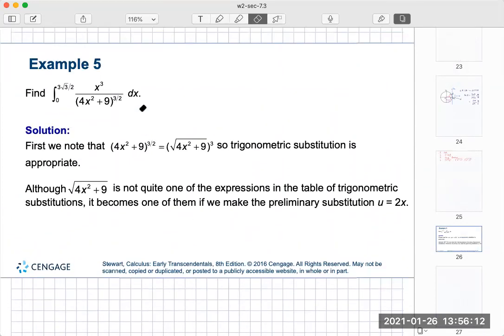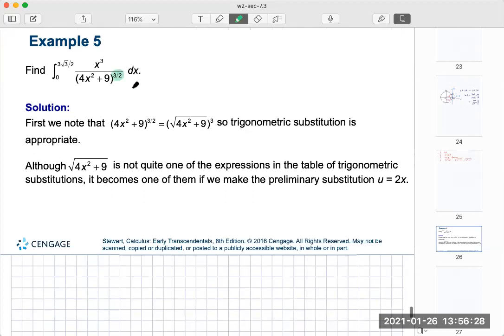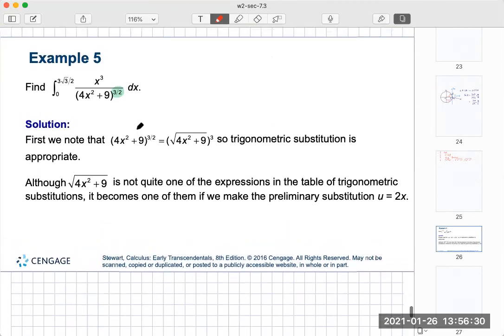Suppose we need to solve something like this. It looks ugly, right? There are some fractions here and radical signs, but the radical sign is hidden. It is written this way, to trick us. And remember, these terms can be written as this guy.